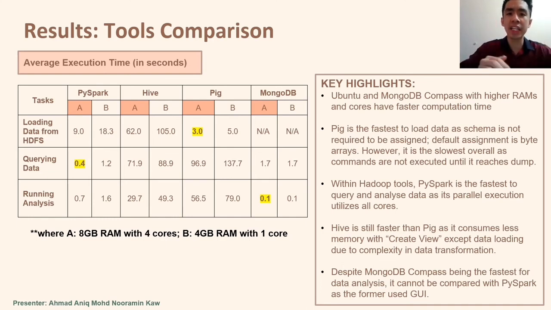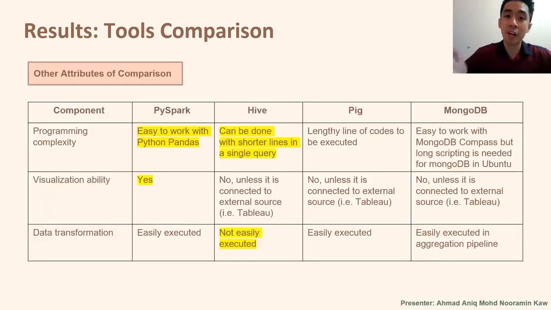Though we can't deny that MongoDB Compass was the fastest to perform data analysis, it cannot be compared with PySpark because it uses a GUI. Moving on, for programming complexity, PySpark and Hive win hands down with their simplicity, while Pig has lengthy codes.